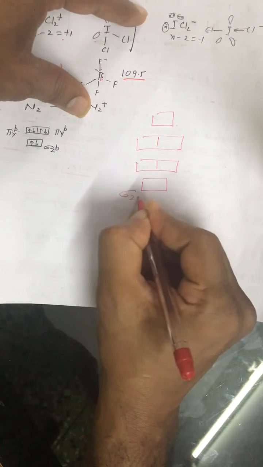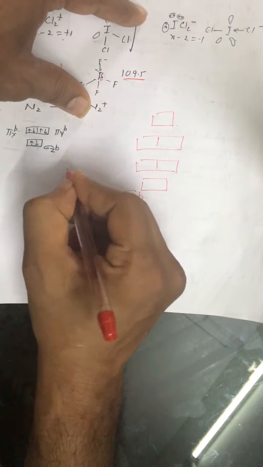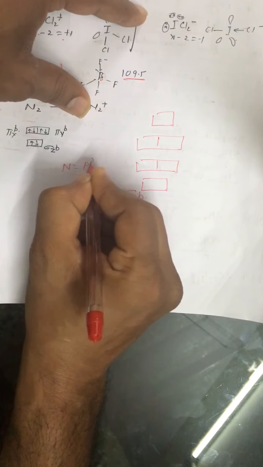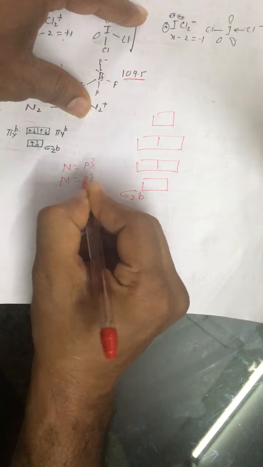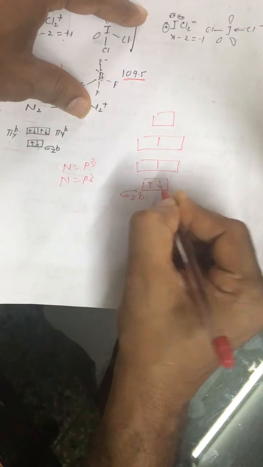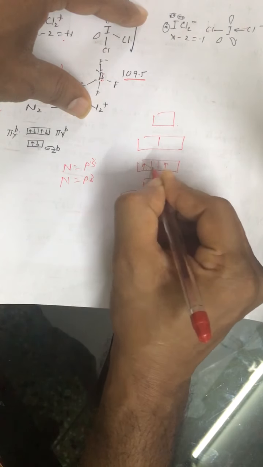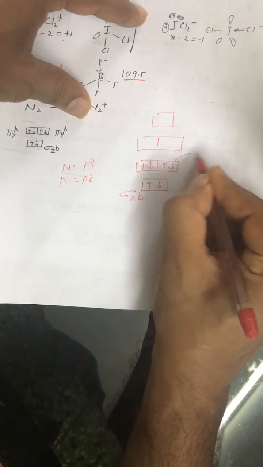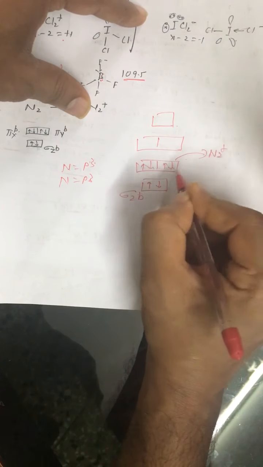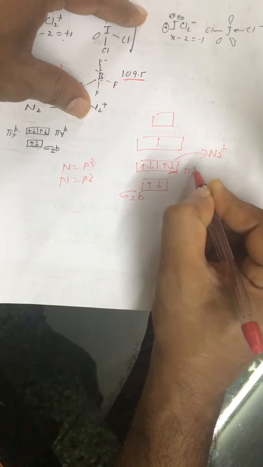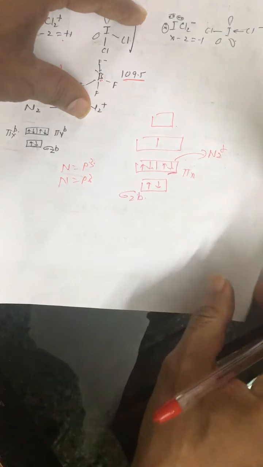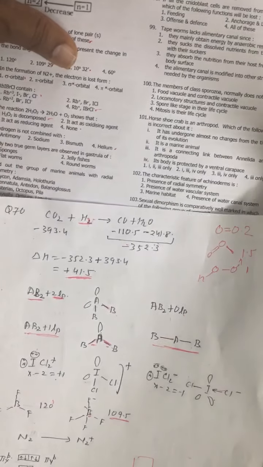This is sigma Z bonding. For nitrogen, if you look at the configuration, it is pi 3 and pi 3, 3 plus 3 is 6: 1, 2, 3, 4, 5, 6. So if nitrogen is converted to N2 positive, the electron should be removed from pi X bonding or pi Y bonding. So there is a correction.